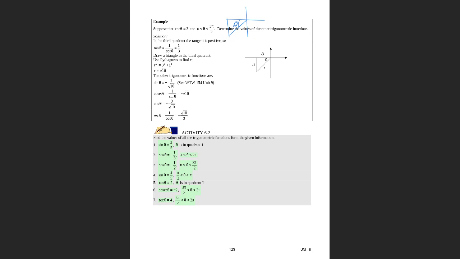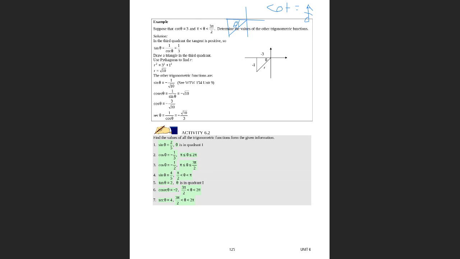So let us remember that cot is the reciprocal of tan. Tan is opposite over adjacent, so cot is going to be adjacent over opposite. But let us remember that when you are in the third quadrant, the x component is negative.